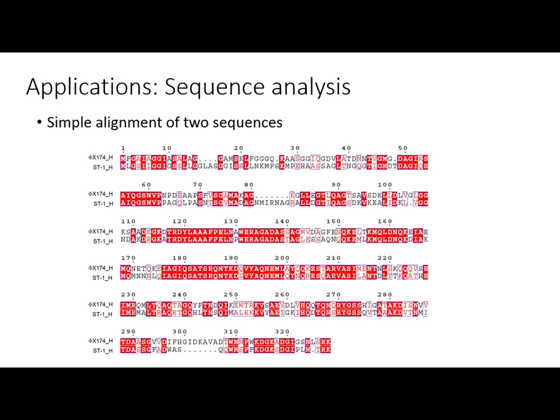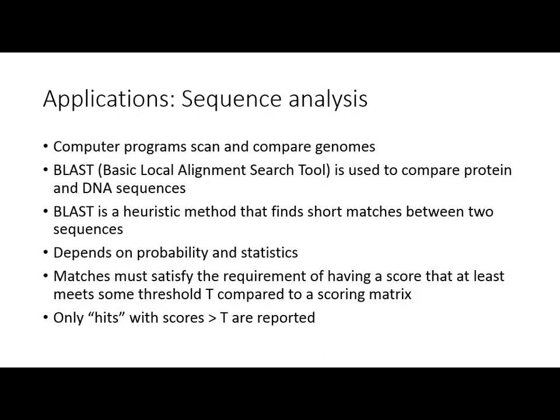But if you're working with maybe 100,000 proteins, one genome can encode thousands and thousands and thousands of proteins. So if you're looking at a whole bunch of proteins at once, you can't sit down and do this by hand, right? So this is where these computer programs come in.